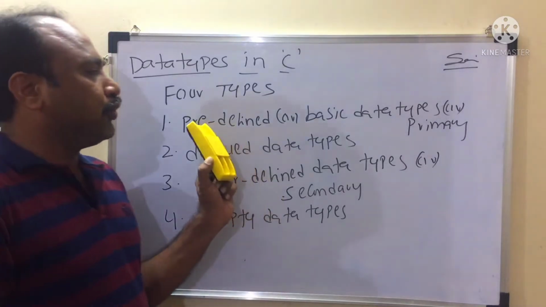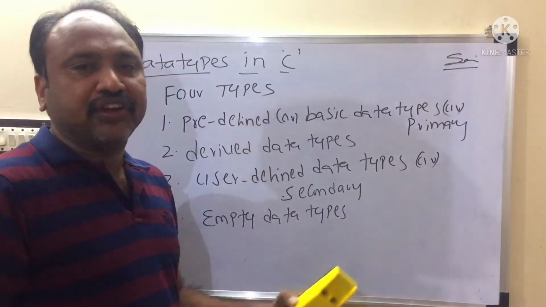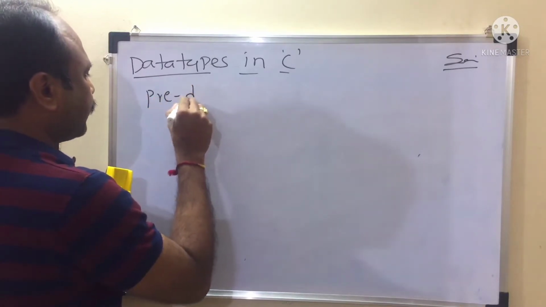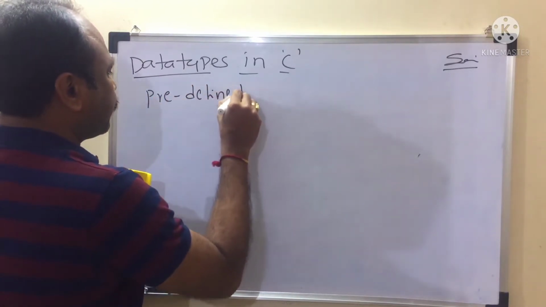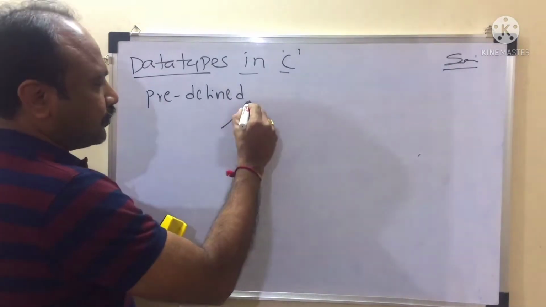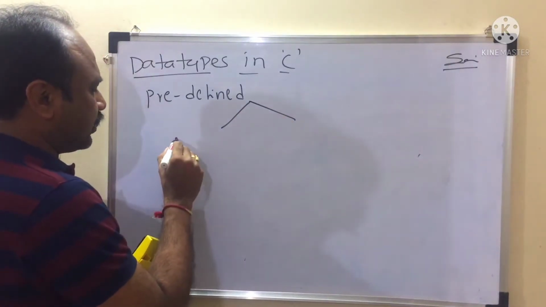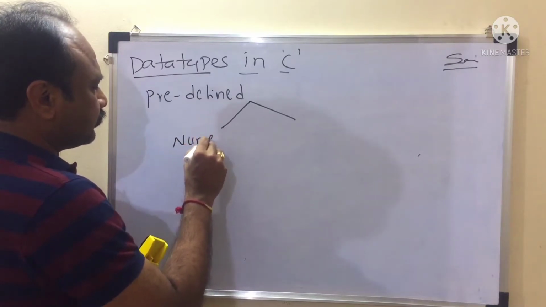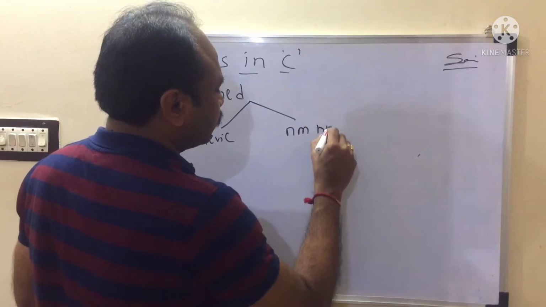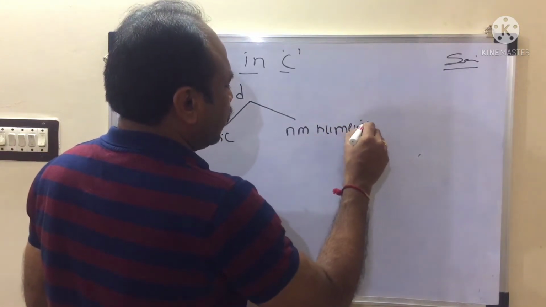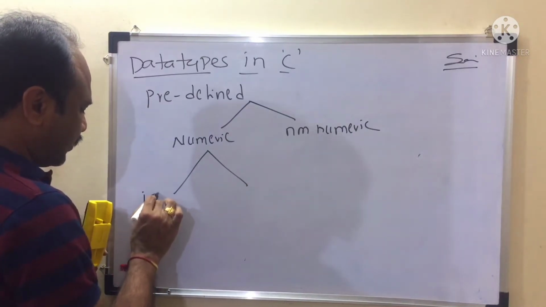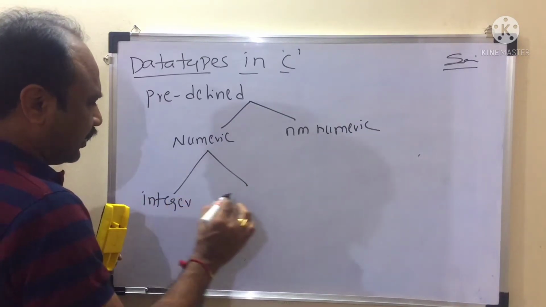First of all, we will talk about predefined or basic data types. Predefined data types are classified into 2 categories: numeric and non-numeric. In numeric again there are two types: integer and real.